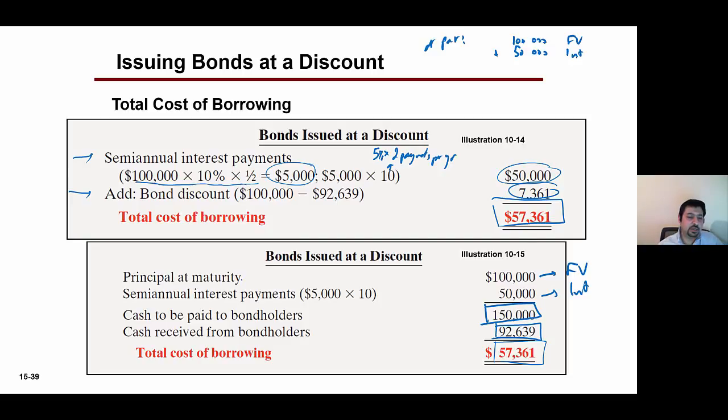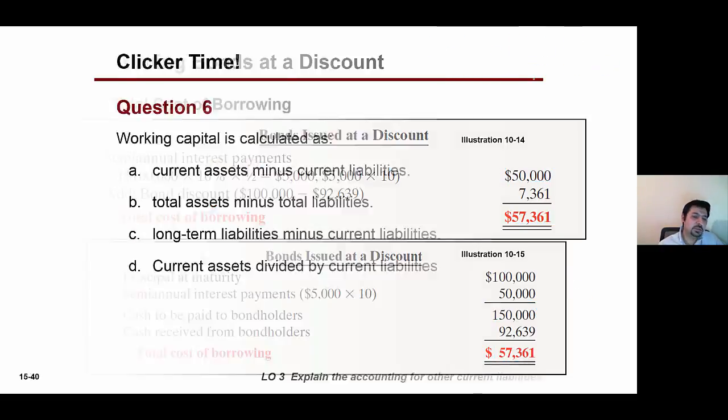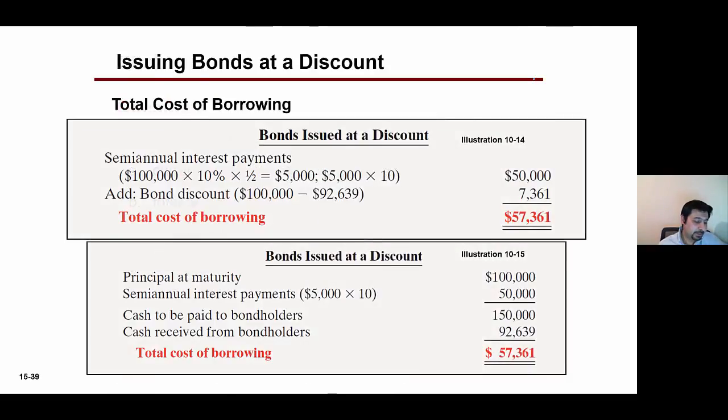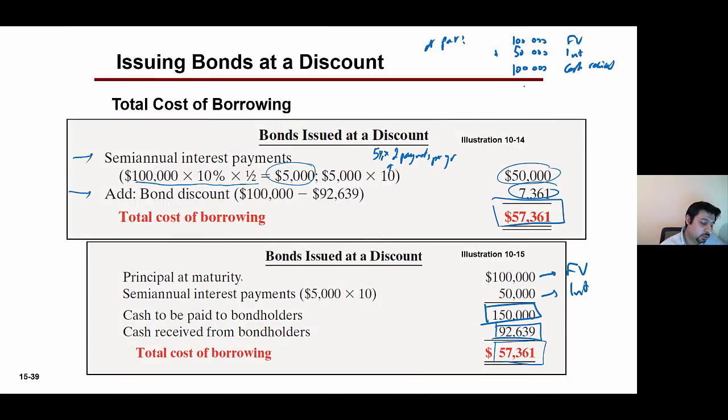The cash received will be $100,000. As a result, the cost of borrowing will be the interest of 50,000. This would be the cost of borrowing $100,000 at par. So this is at par here, not to be confused with the ones below which are at discount.